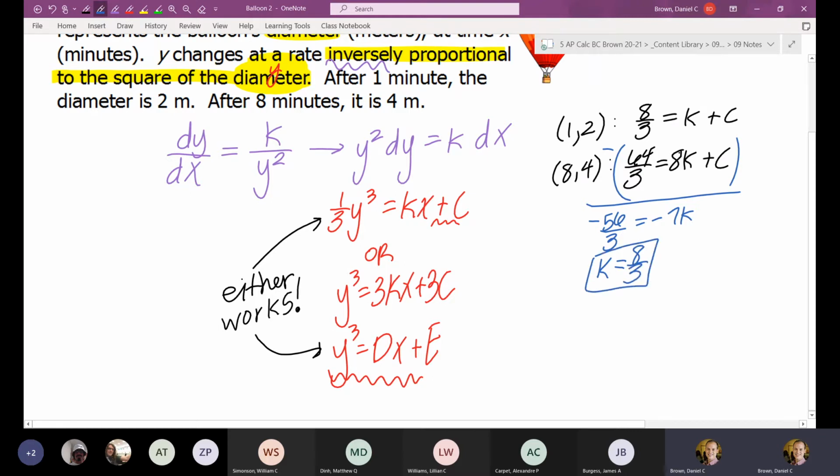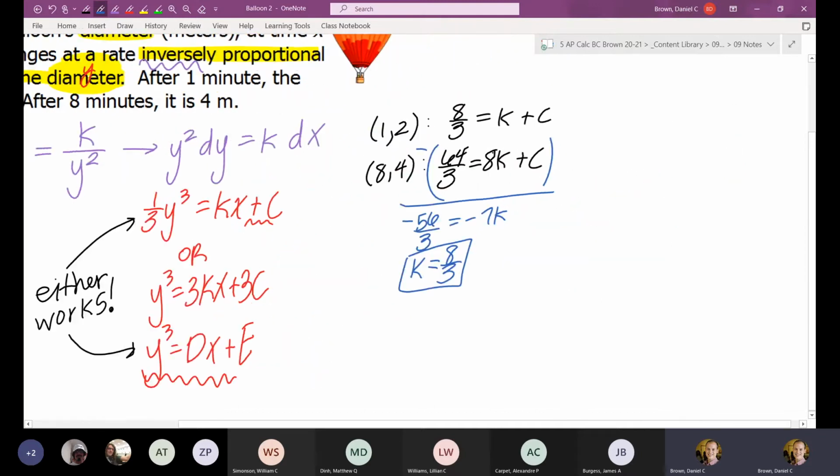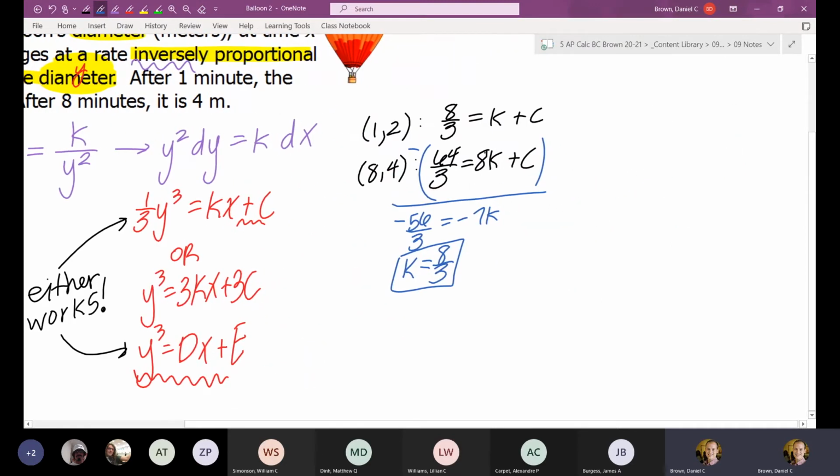And then once you know what your k is, you can plug that k into either equation to find your c. I'm definitely going to plug it into the simpler one, so I'm going to plug it into that top equation. This one is unique because yes, you would need to have that plus c as part of your work, but we do see that c would be equal to 0.